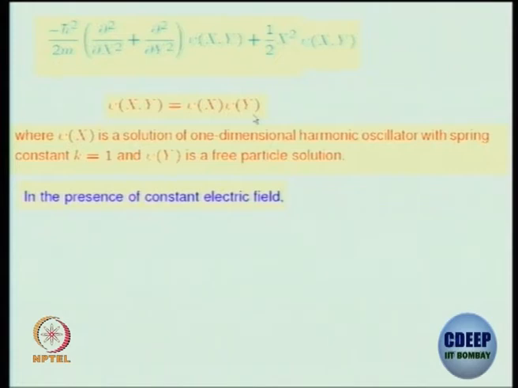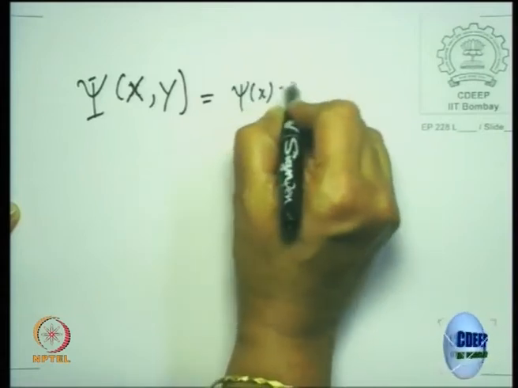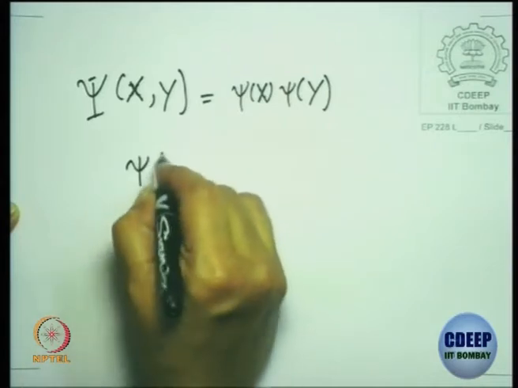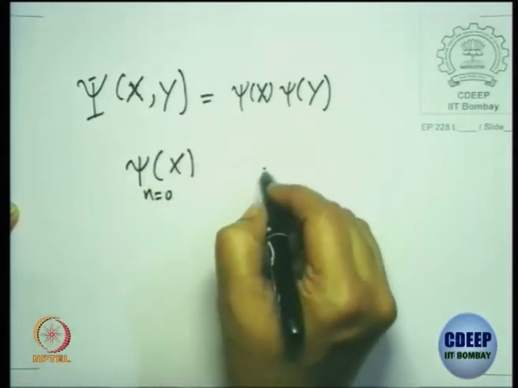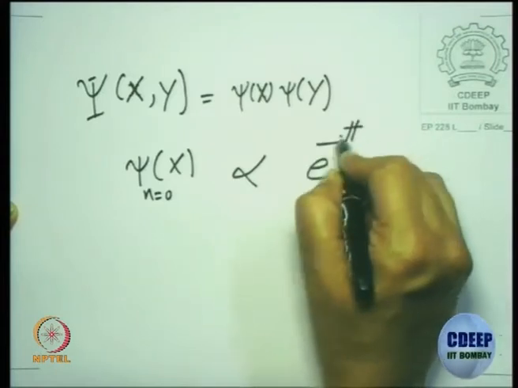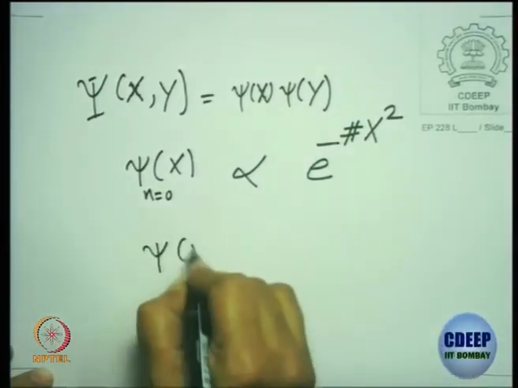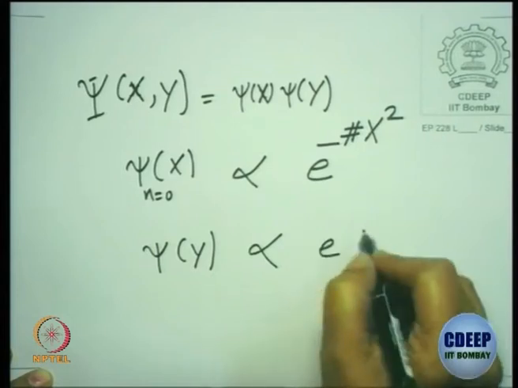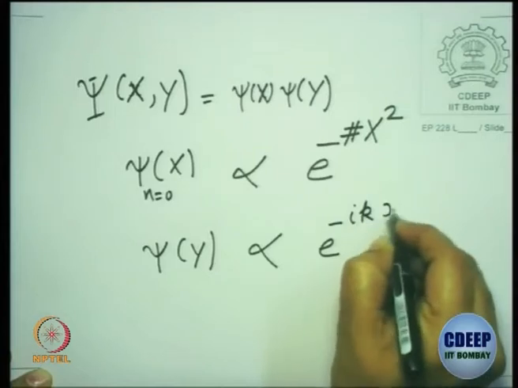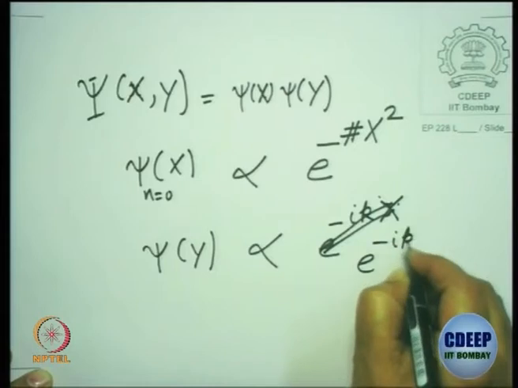So let me call this psi of capital X, capital Y, which is psi of capital X times psi of capital Y. Psi of capital X, for the ground state, will be proportional to e to the power of minus X squared, with some constant numbers, which I will not write, and psi of Y will be proportional to e to the power of minus i k capital Y.